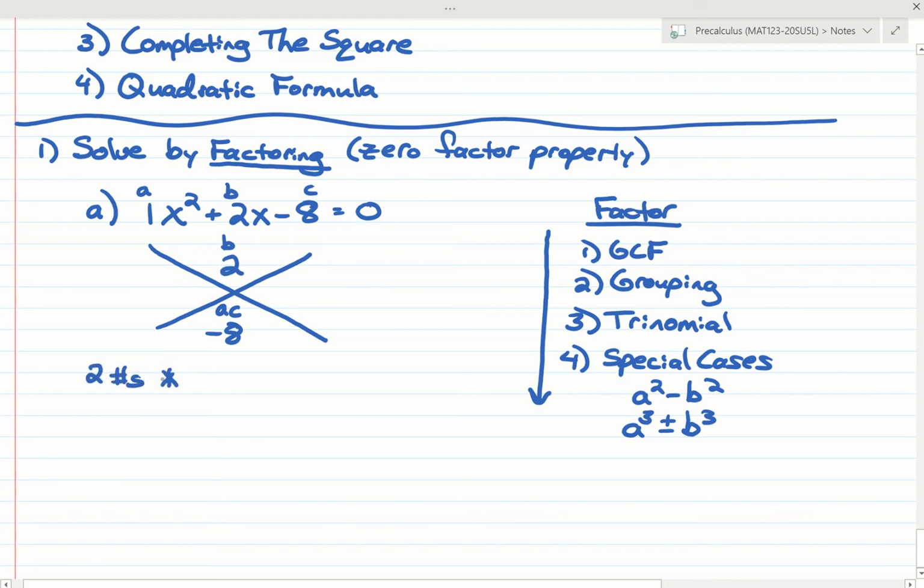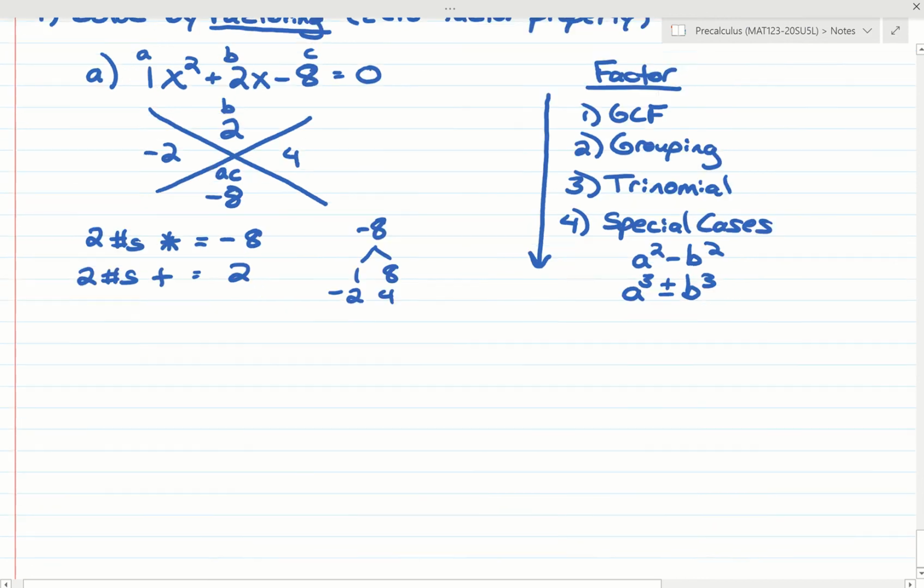So 2 numbers that multiply to equal negative 8, and the same 2 numbers have to add to be our middle term, 2. So usually I'll factor negative 8, like 1 and 8, they're not going to add to be 2. 2 and 4, well, if they have to add to be 2, if that's negative, then that'll get the job done. So my numbers are negative 2 and 4.